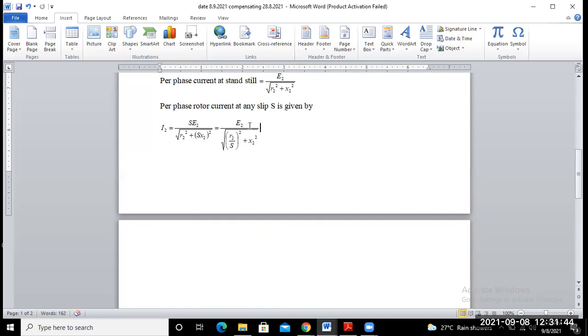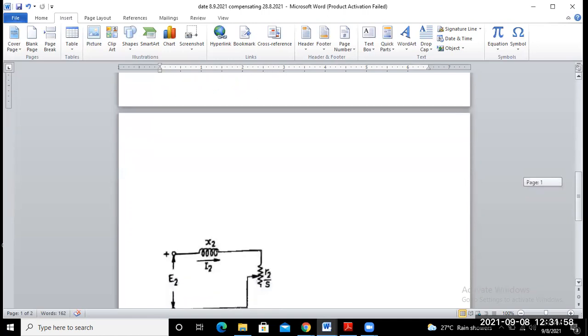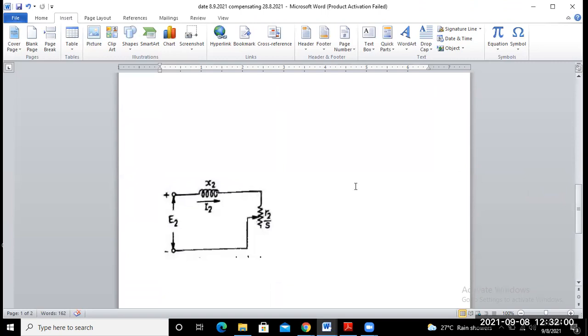If you want to draw the rotor equivalent circuit at a standstill, corresponding to the standstill equation of rotor current, you simply replace the rotor resistance part, R2 by S, with R2, and all the other parameters are the same.